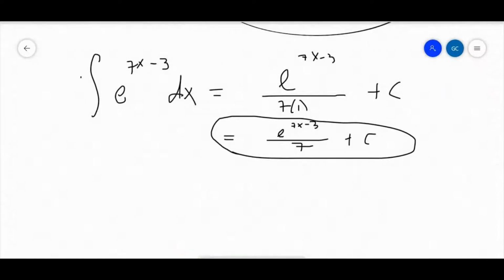Now what about, I have here, the integral of e raised to 2y minus 400 dy?